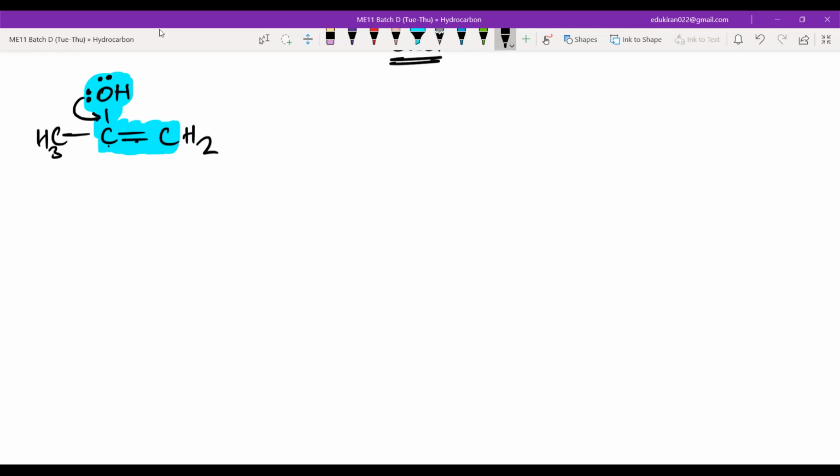OH will give a bond here, and this will go here. So what you get essentially is CH3 carbon, with a double bond to oxygen, and a hydrogen here. This oxygen will get a positive charge, and then you have here CH2 negative, because it is getting electrons.